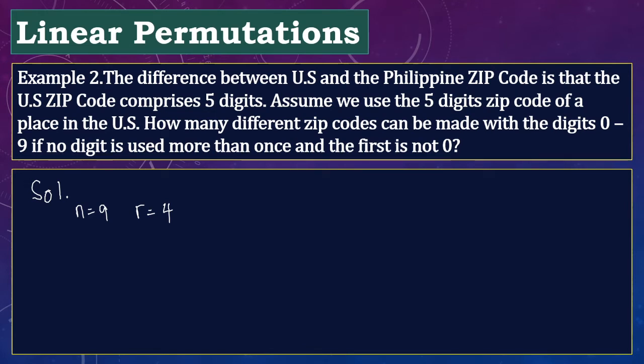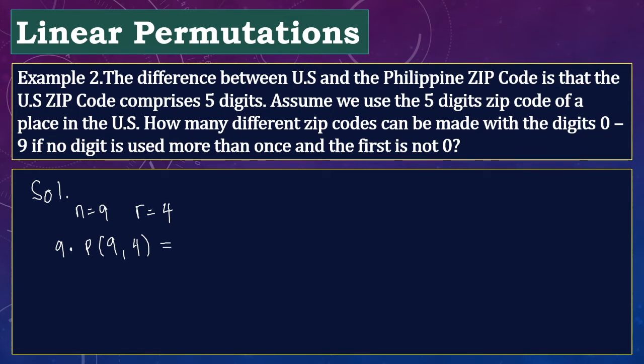Hindi kasama yung 0. Kasi kung 0 yung mauunang number doon sa ating 5-digit number sa ating zip code, magiging 4 digits na lang yon. Kaya hindi kasama yung 0 dito sa pinakaunang digit natin. Okay, so from 1 to 9 only. So we have 9 times the permutation of 9 taken 4 at a time. Okay, so ito yung ating solution dito sa example number 2.